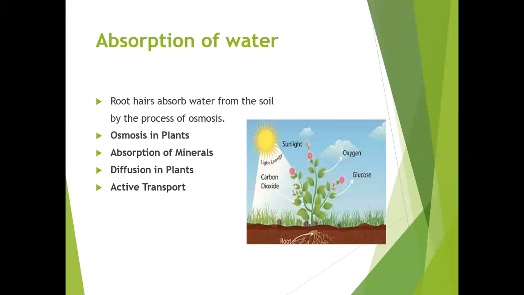The root hairs absorb minerals such as nitrogen, phosphorus, and potassium along with water from the soil. This required energy is obtained by the cells of the root hairs through respiration.